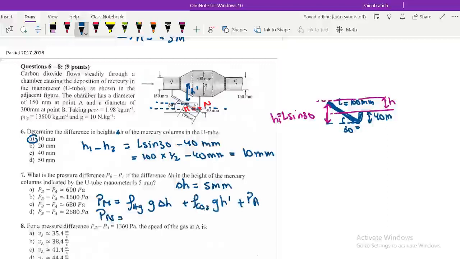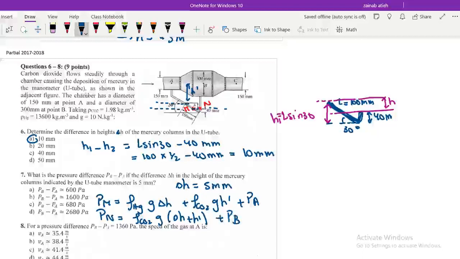P للN equals شو في فوق الN؟ في كلهم CO2 لحد ارتفاع لحد البي. طب قد ايه الارتفاع بيناتهم؟ في h plus h prime. اوكي سو رو CO2 G دلتا h plus h prime. اتس دلتا h بس هو على الصورة حاططها h. اوكي اتس دلتا h كاتبها بالاسئلة دلتا h ورسمها على الصورة اتس h plus PB.